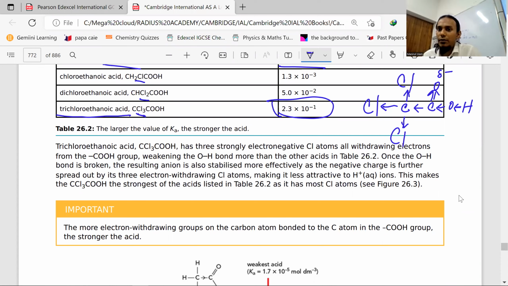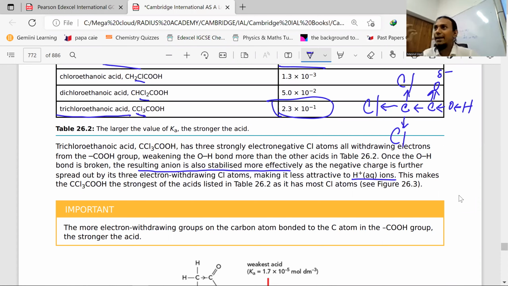Because the electron withdrawing, so the charge will be distributed throughout the thing, so resulting anion is stabilized more because charge is properly distributed throughout the thing, as the negative charge is further spread out by its 3 electron withdrawing chlorine group, making it less attractive towards hydrogen ion.